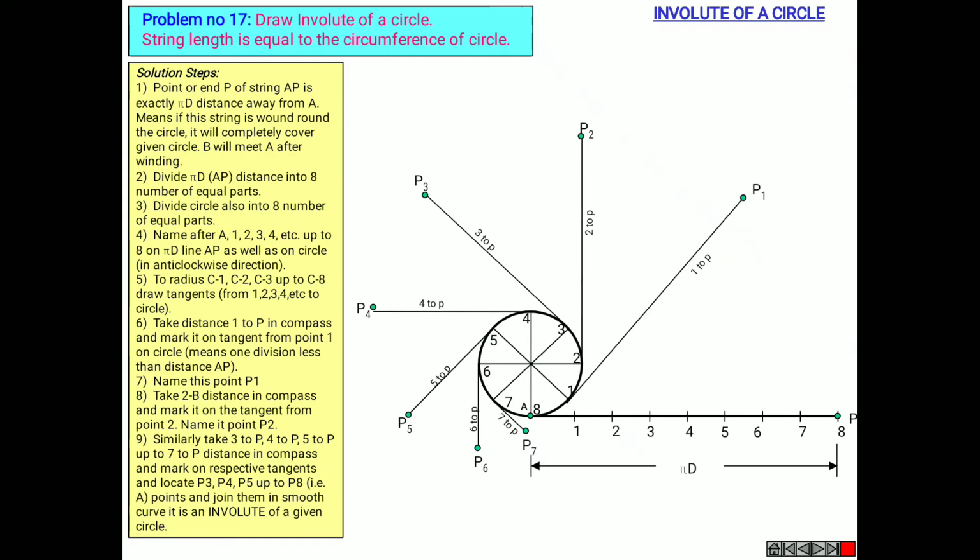Now join the points in a smooth curve in order to obtain an involute of the given circle. So this is your respective involute of a circle.